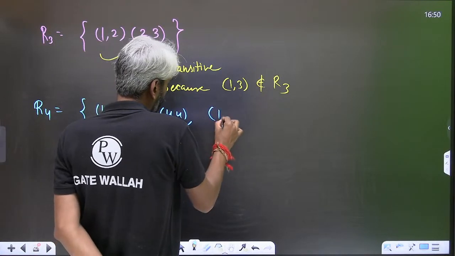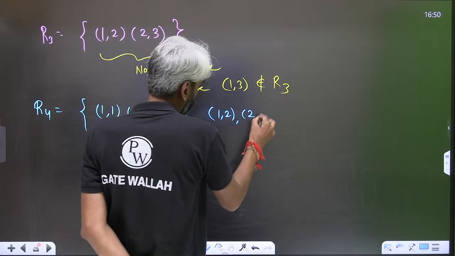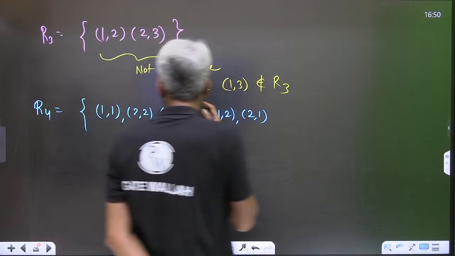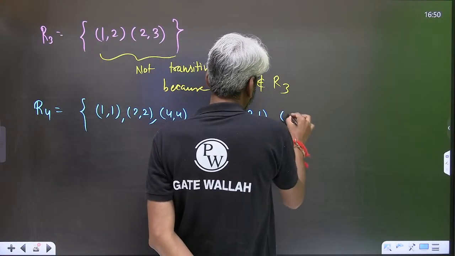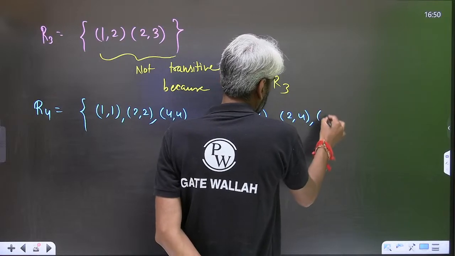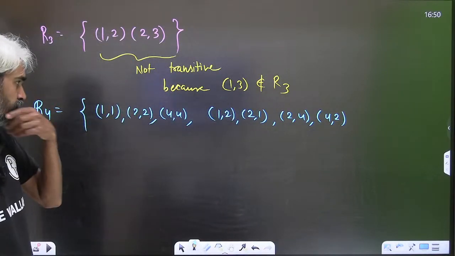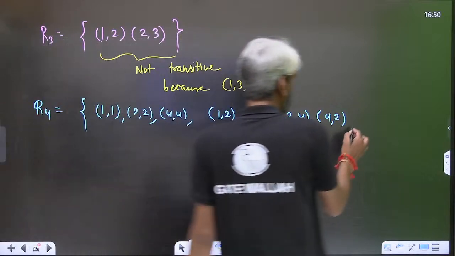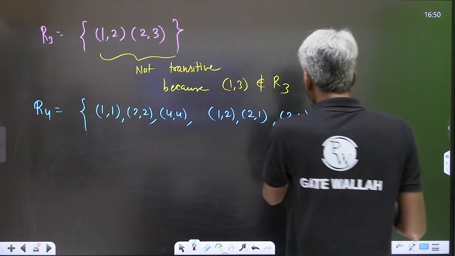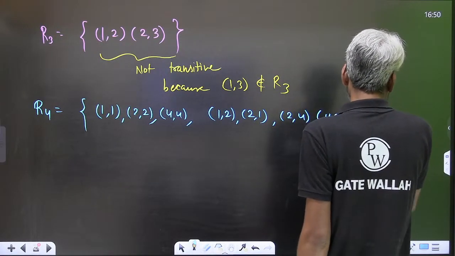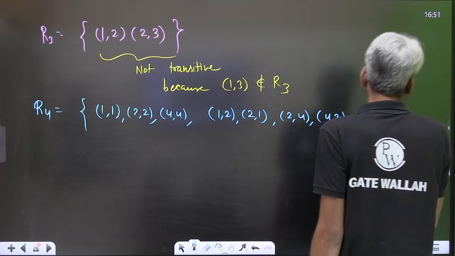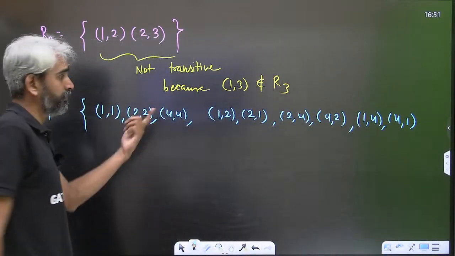Then I have added 1, 2 and 2, 1, so 1, 1 and 2, 2 are fine. Then I have added 2, 4 and 4, 2. 4, 2 will take you to 2, 4, 4. This is also fine. Then, because 1, 2 and 2, 4, therefore 1, comma 4 should also be added and 4, comma 1 should also be present. So 1, 4 and 4, 1 will take you to 1, 1 and 4, 4.